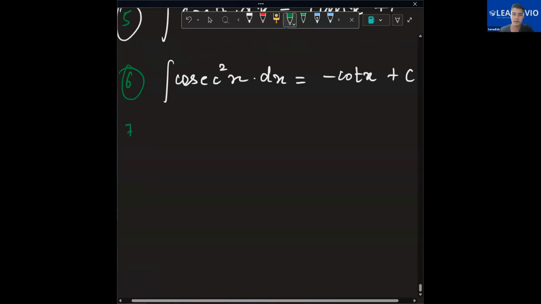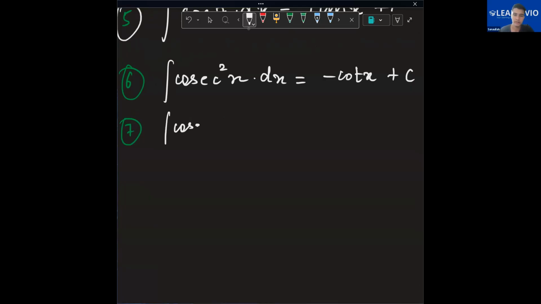And for the seventh one, we have cosecant x cot x dx. फिर tell me किसका डेरिवेटिव cosecant x cot x होता है?